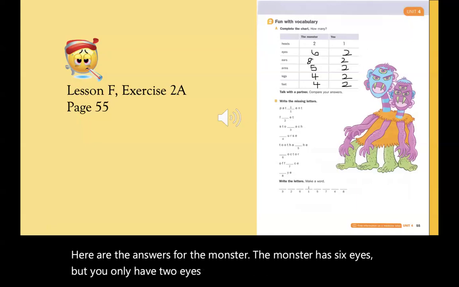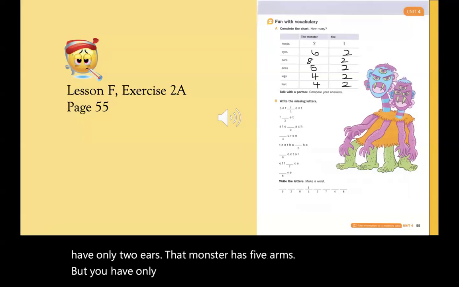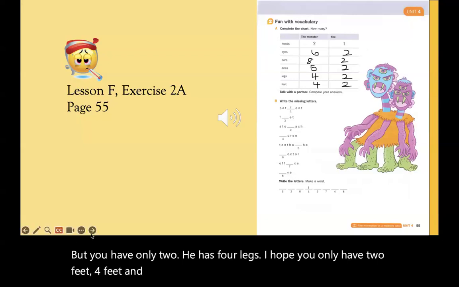The monster has 8 ears, but you have only 2 ears. That monster has 5 arms, but you have only 2. He has 4 legs. I hope you only have 2. Feet, 4 feet, and you have 2.